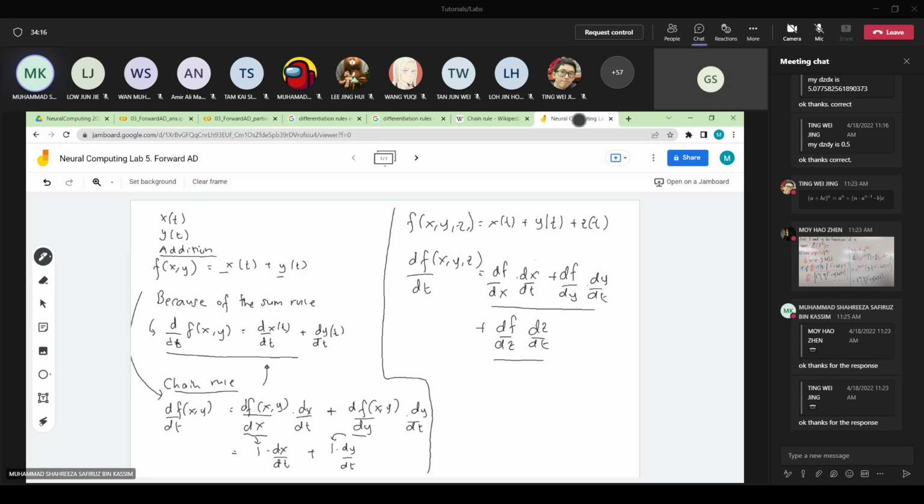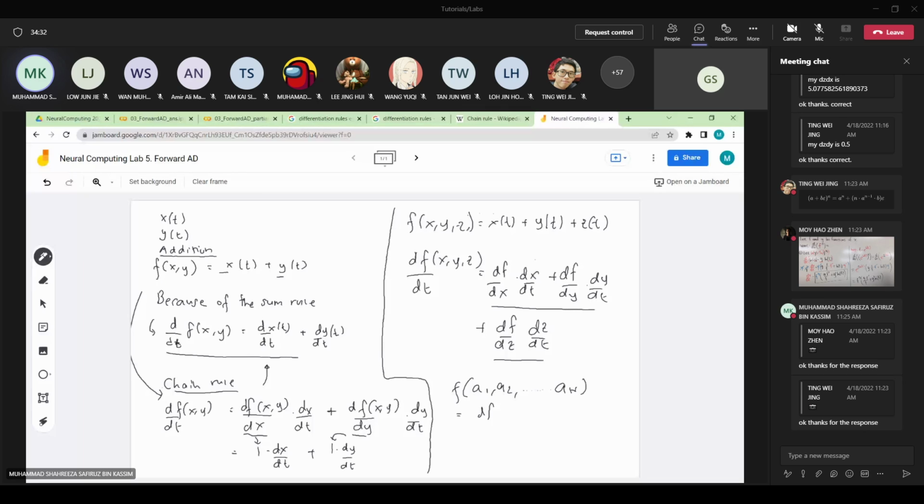And as you add more and more variables, such as a1, a2, and so on up to an, then your chain rule, the sum, just becomes a summation.